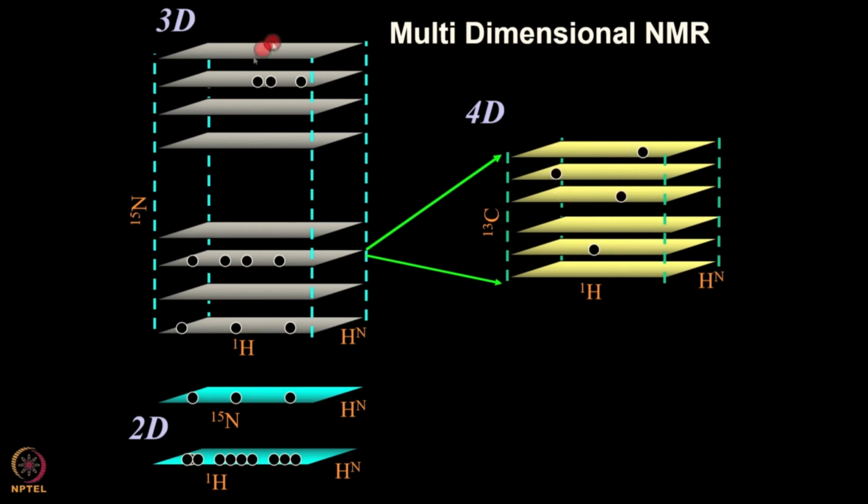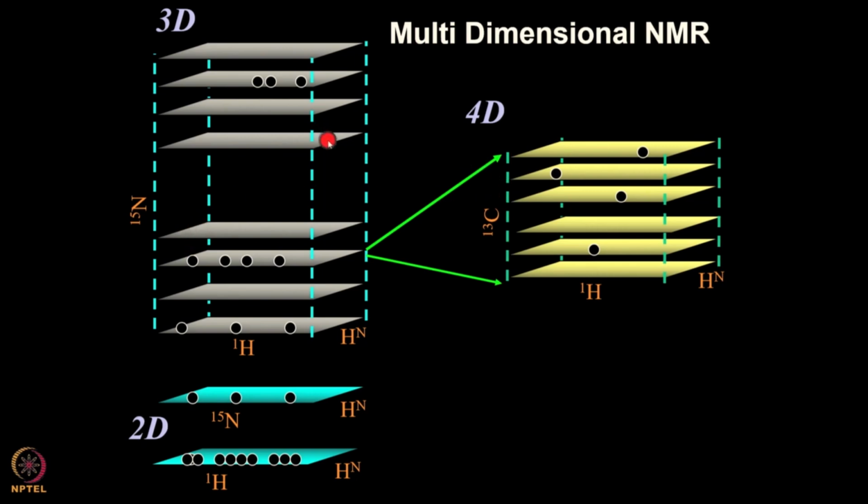So you have the 2D proton-proton experiment, and you combine that with a nitrogen 15 chemical shift to generate a 3D spectrum wherein the proton-proton correlation peaks are separated out on the N15 axis. If further complications arise, which may not happen, then of course you need the 4D.